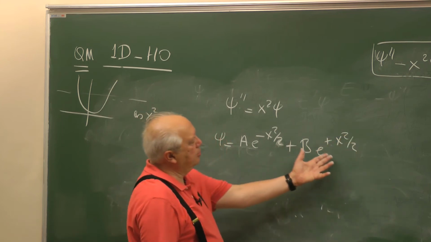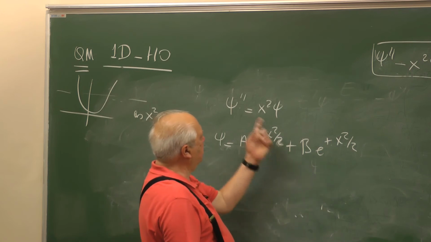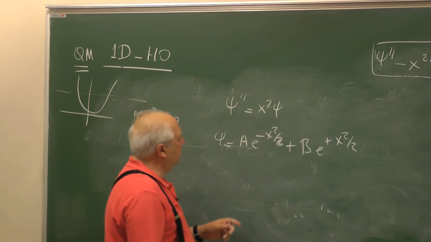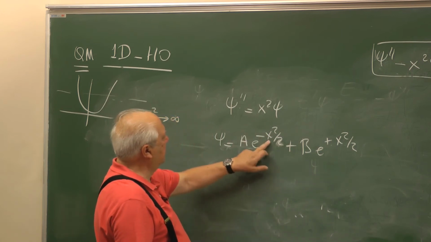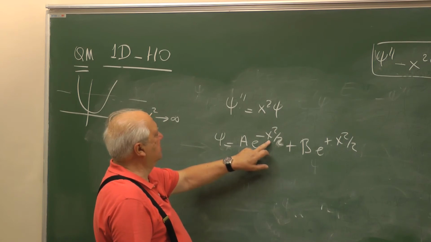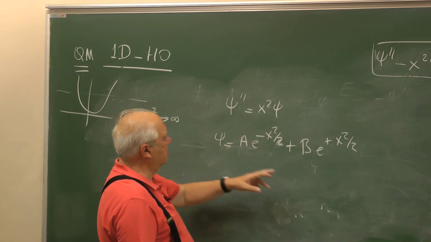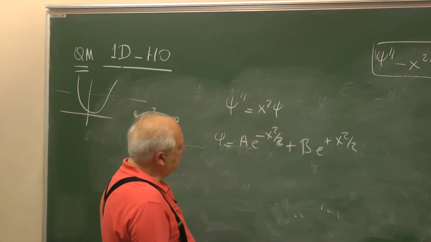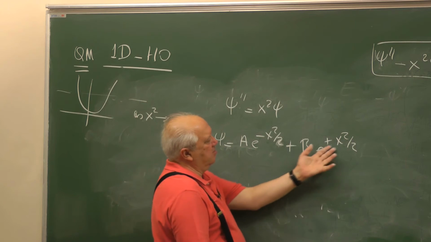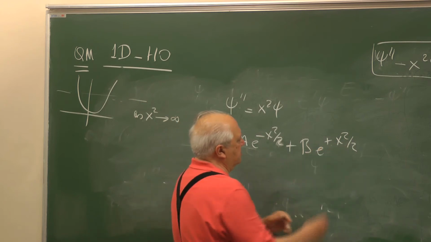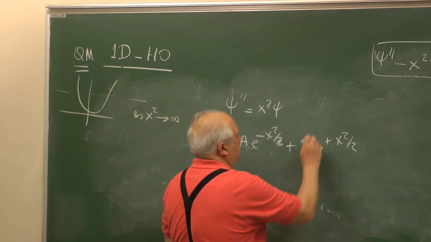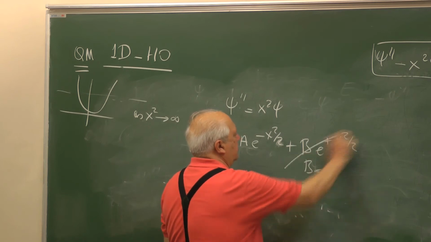Of course, this is a solution. They solve the differential equation because the first derivative gives me minus x, the second derivative gives me another minus x, so it gives me x squared. Same here. But we must set b equals 0 because otherwise for large x this blows up. So set b equals 0. So that term is gone.